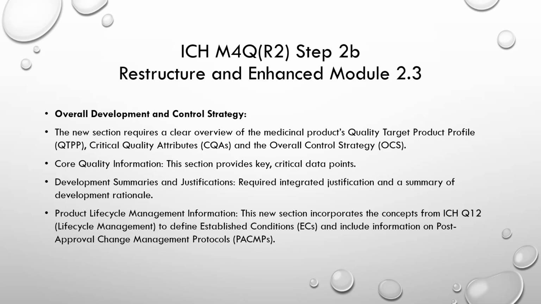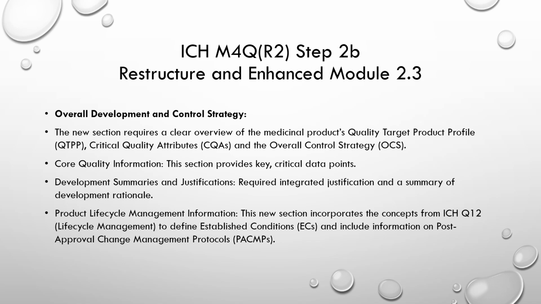Your overall development and control strategy will include things, for example, like your quality target product profile, your critical quality attributes, and your overall control strategy. And this is going to be something that will be reviewed. I think it's really important. I'll be looking at the guidelines and at the actual document in this presentation.